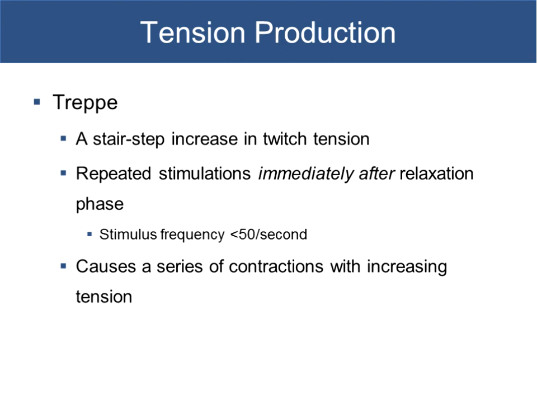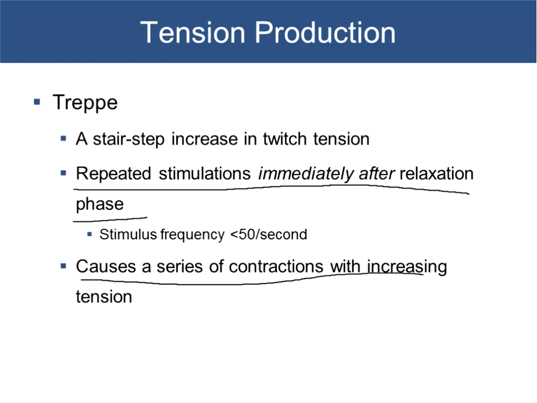We call that stair-step increase in twitch tension treppe. So after repeated stimulations, and I'm going to underline this because it's pretty important, immediately after relaxation, you're going to have an increase in the amount of tension produced. This causes a series of contractions with increasing tension.